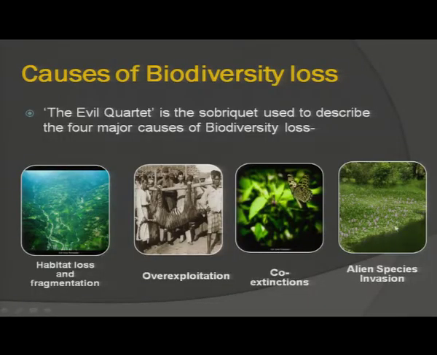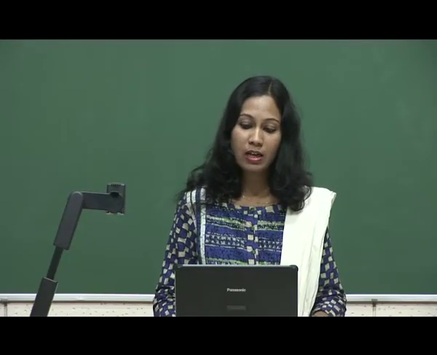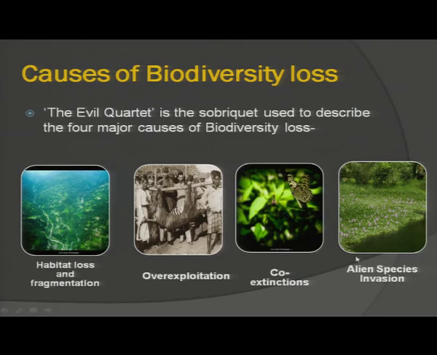Similarly, for alien species invasion, here is the photograph of the water hyacinth, which is usually seen whenever we move across in buses or in trains, we can see the water bodies covered with so many water hyacinths. It is actually an example of alien species invasion. So, let us look at them one by one.